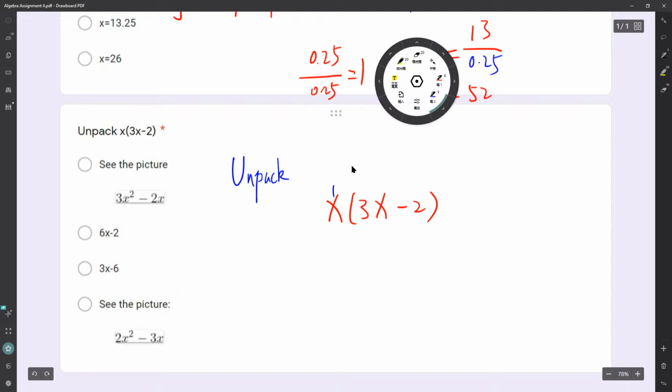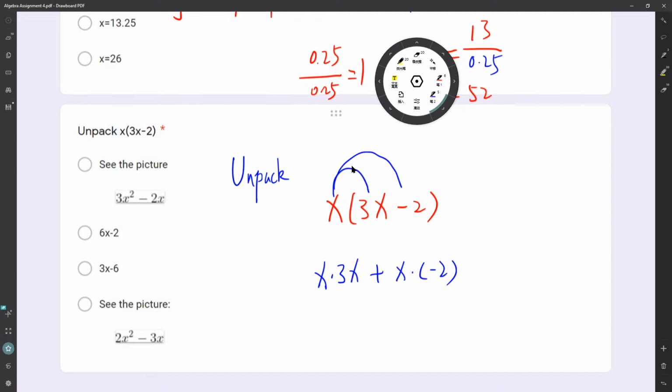The outside item multiplies by each item inside, and then we add them up. So it's going to be x times 3x plus x times -2. So this x multiplied by 3x, and then this x multiplied by -2, then we add them together.